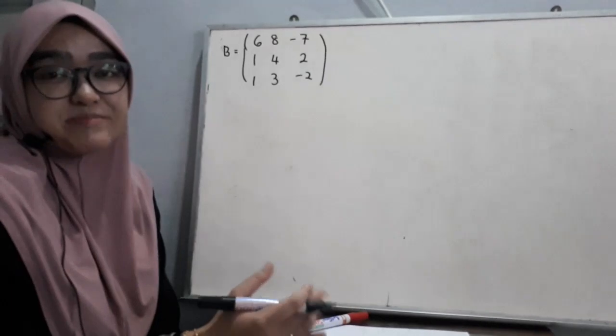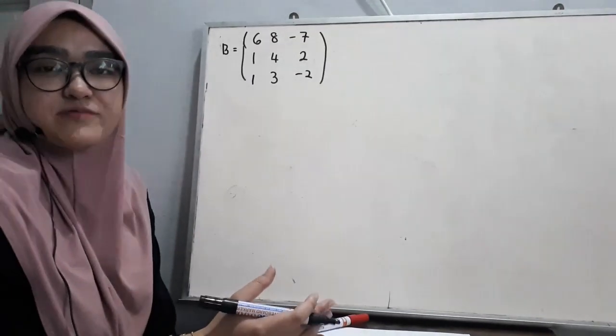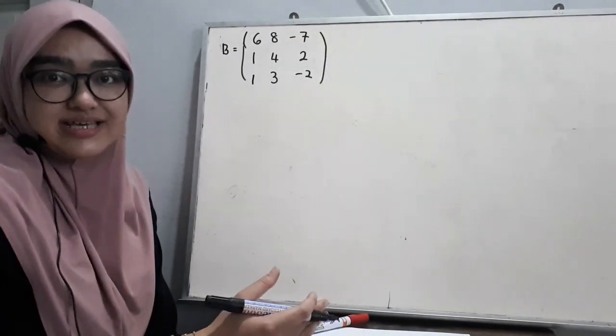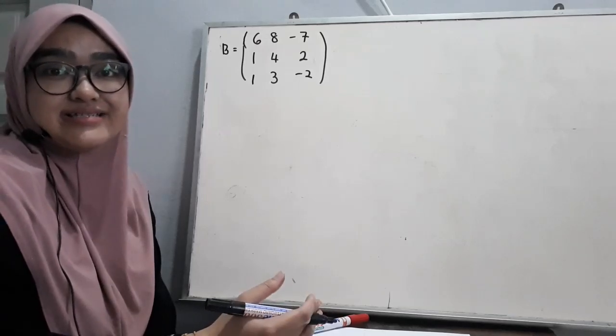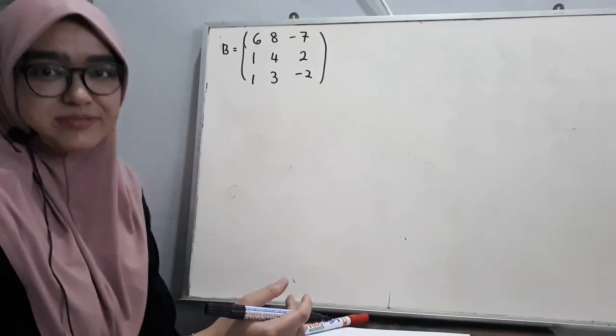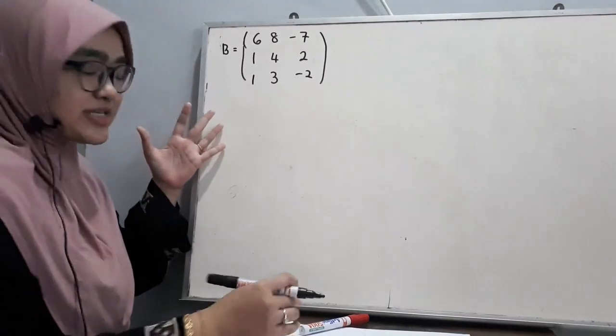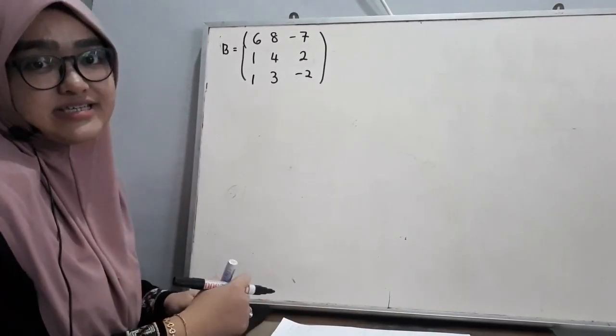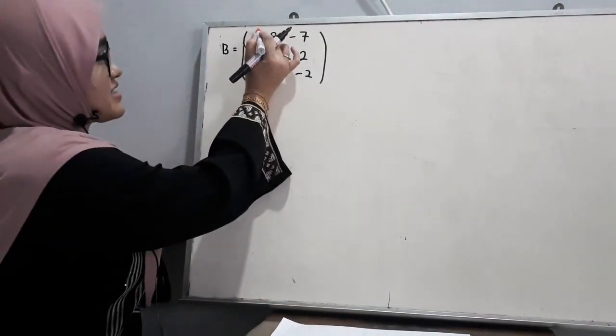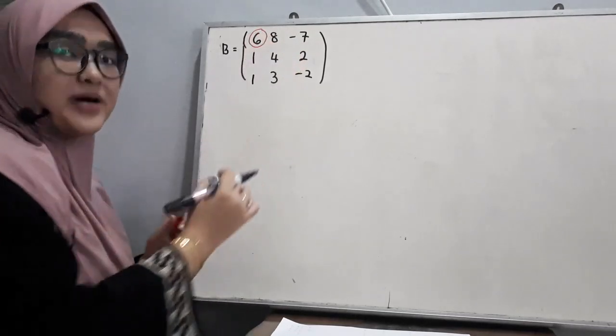Let's do another example to find the determinant of a matrix by using elementary row operation and elementary column operation. So from this matrix, our first target is to change 6 into 1.